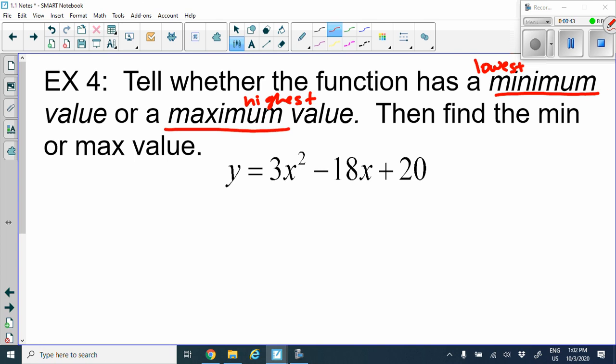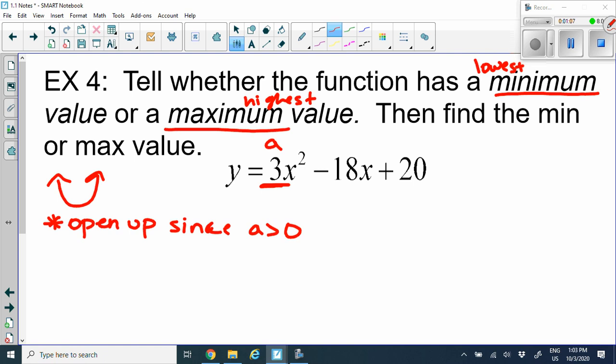Now, before we do that, look at this. We have y equals 3x squared minus 18x plus 20. Let's look at our a value here. Is our a positive or negative? It's positive. So which way is our graph going to open? It is going to open up, okay? So since our graph is going to open up, that means that we think about the vertex.